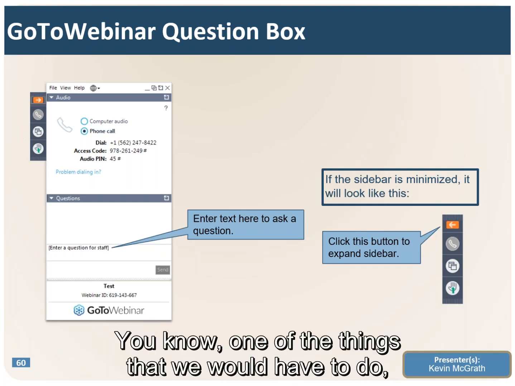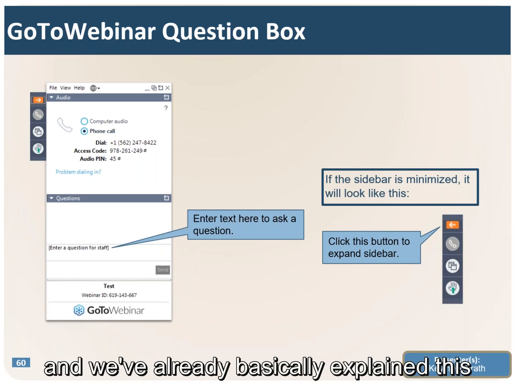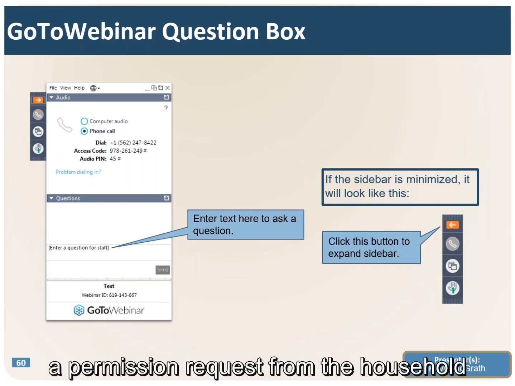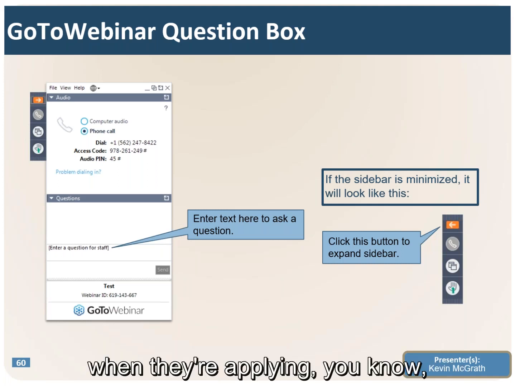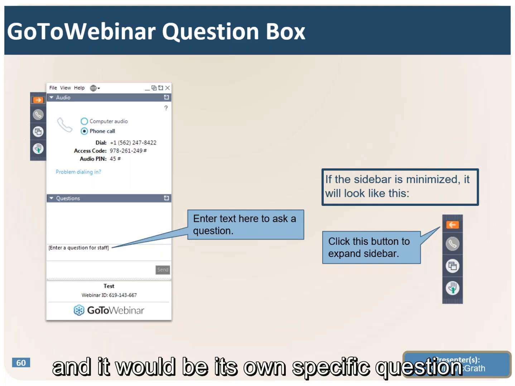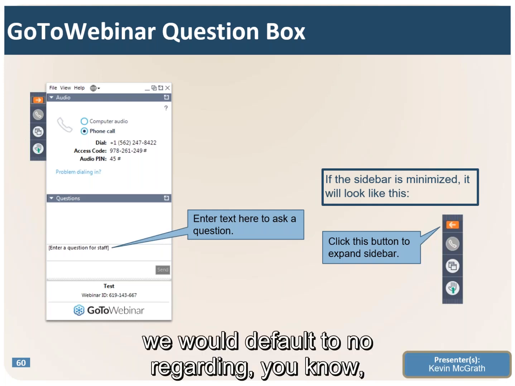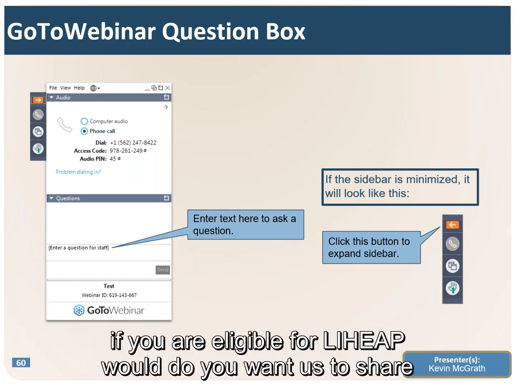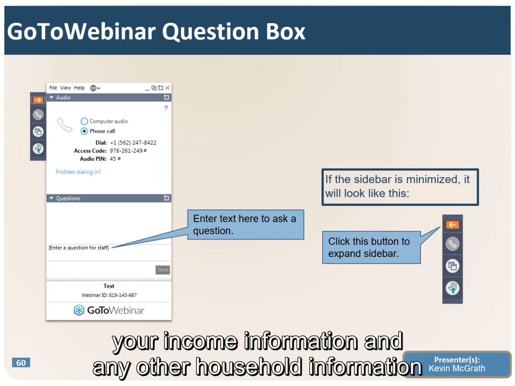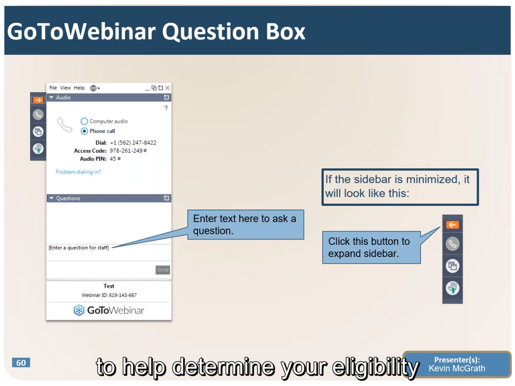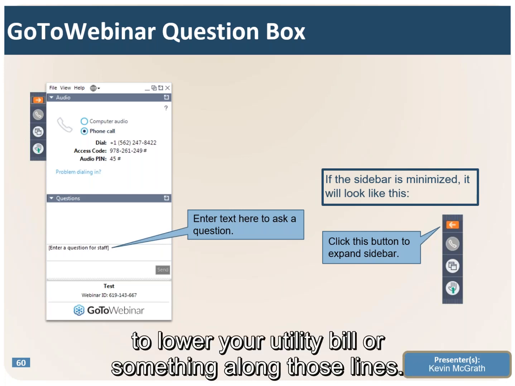One of the things that we would have to do, and we've already basically explained this, is add to our LIHEAP application a permission request from the household when they're applying. It would be its own specific question where they would have to mark yes or no. And obviously if it was left blank, we would default it to no. Regarding, if you are eligible for LIHEAP, do you want us to share your income information and any other household information with your utility to help determine your eligibility for a customer assistance program to lower your utility bill, or something along those lines.